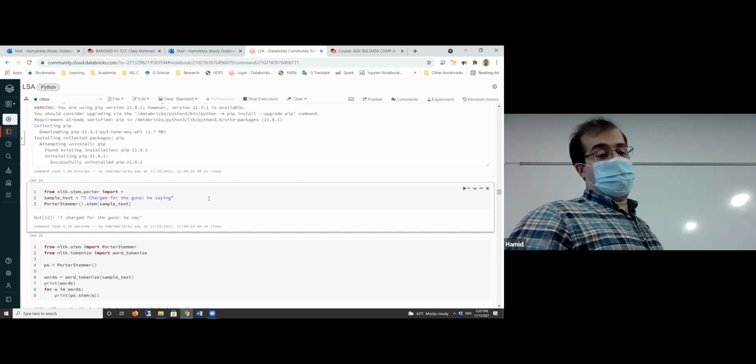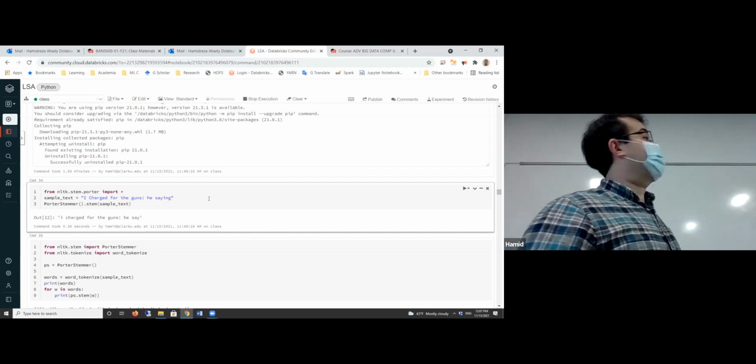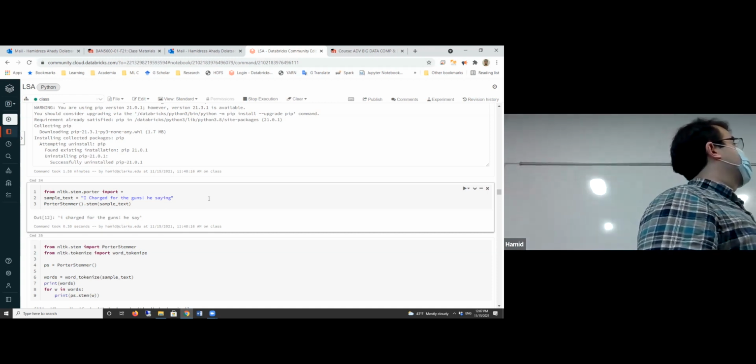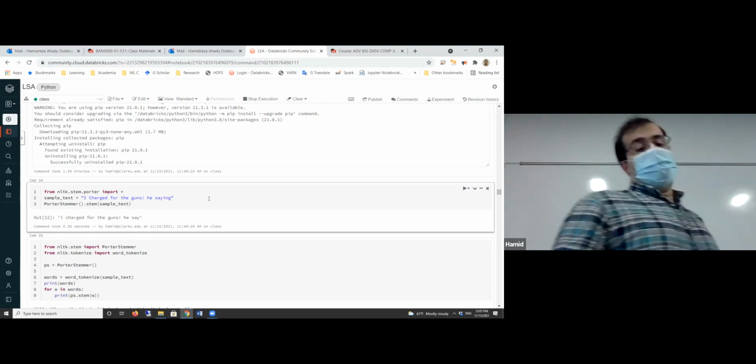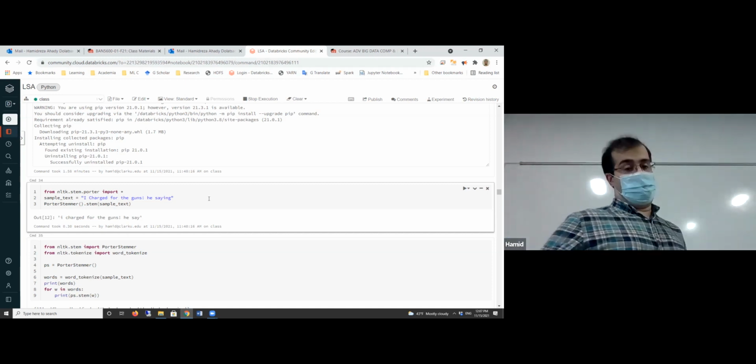But for saying, you see the stem is say. So it may not always be correct. Sometimes it has some issues, but it's the best thing that we have so far.